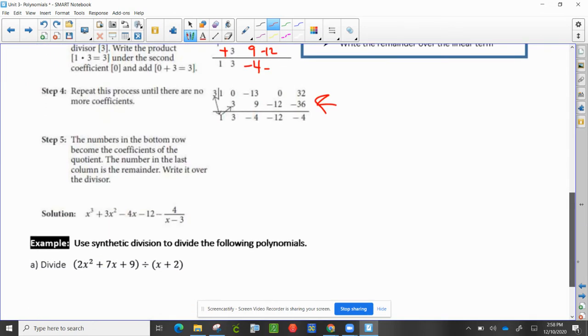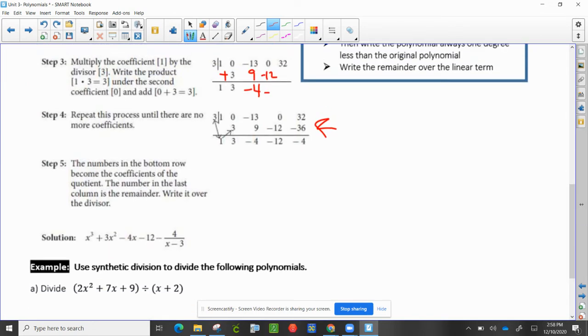Then what I always do is work backwards to get my answer. In division problems, we can have remainders. The remainder is always the last number. So I always start with this is my remainder. This is my constant. Then this is my x term, this is my x squared term, and this is my x cubed term.